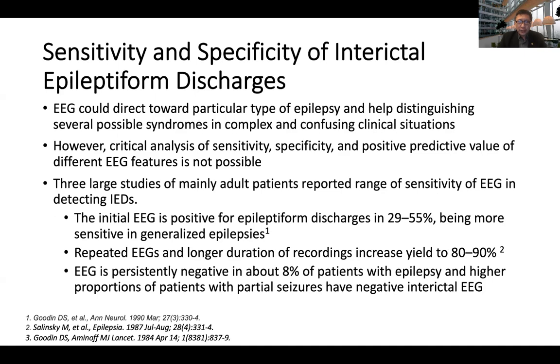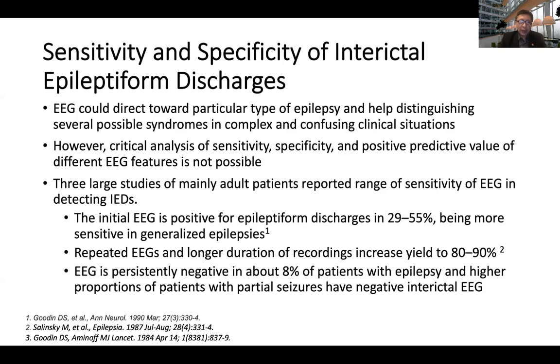So EEG could point toward a particular type of epilepsy and help distinguish several possible syndromes in complex and confusing clinical situations. However, critical analysis of the sensitivity, specificity, and positive predictive value of different EEG features is not possible.